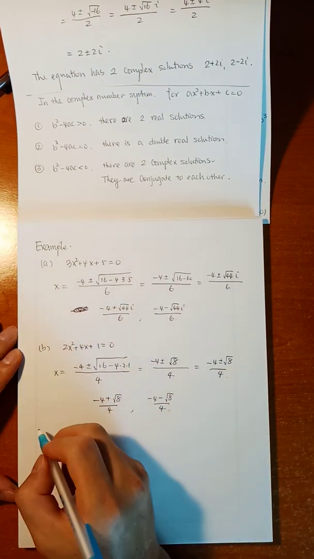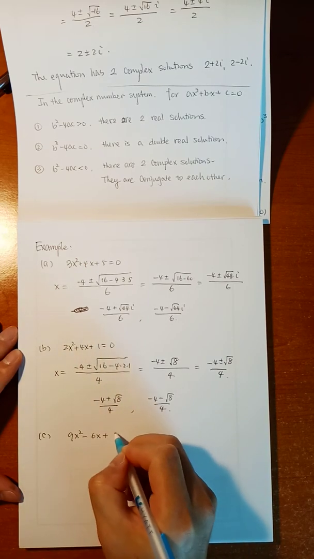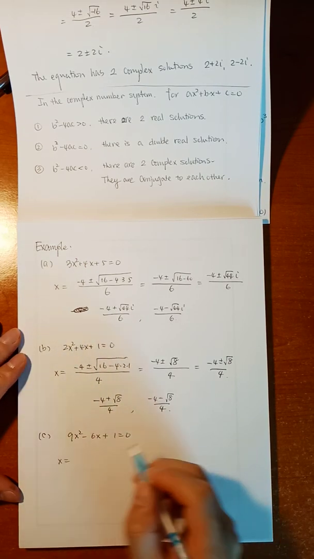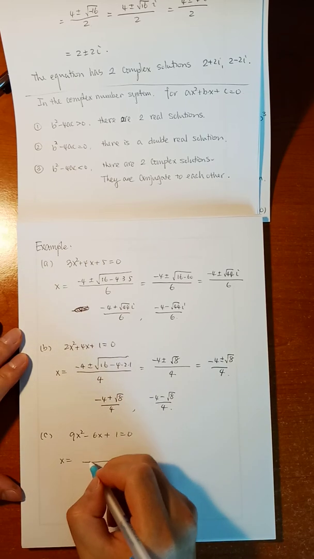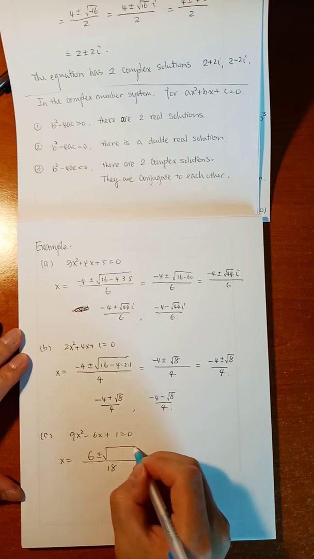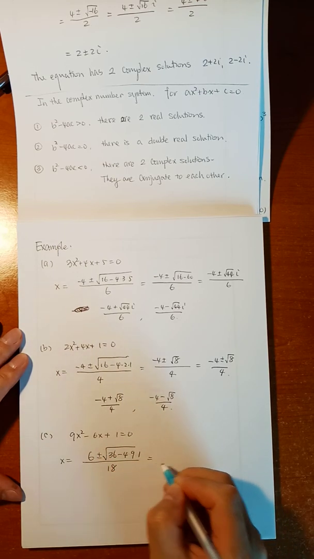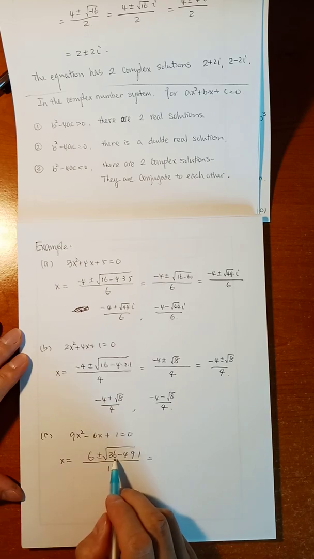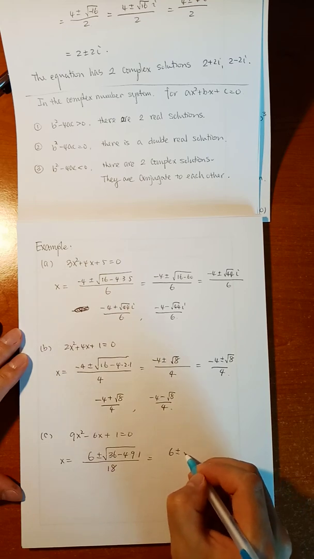And the other one, c, 9x squared minus 6x plus 1 equal to 0. Then x is negative b plus or minus square root of b squared minus 4ac over 2a. Okay, 4 times 9, 36. 36 minus 36, square root of 0.